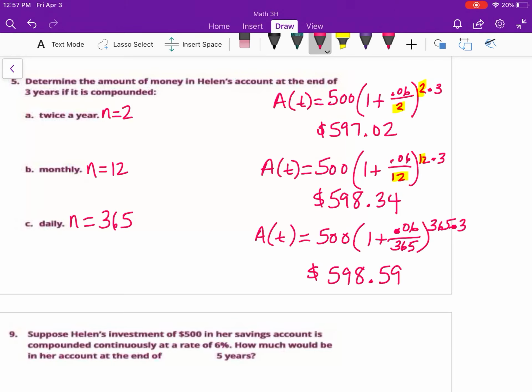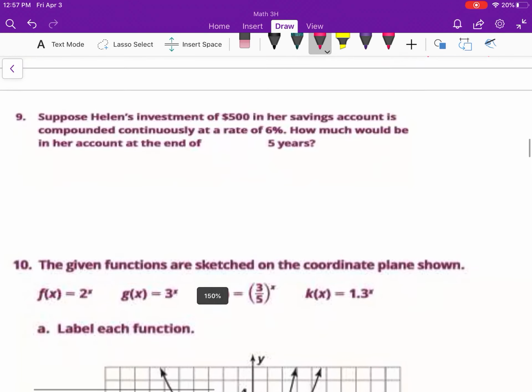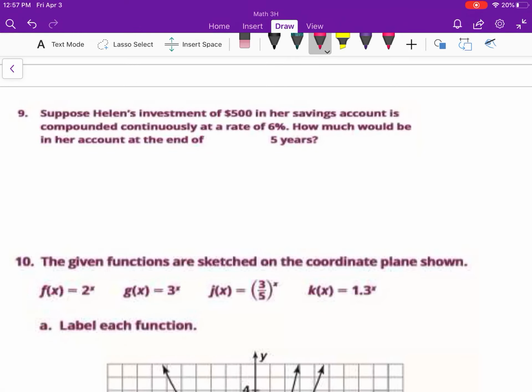Then if we continue with that, this is the PERT part of this. It says, suppose Helen's investment is $500 and her account is being compounded continuously. Continuously uses e. I would be doing my gestures in class. But continuously means e.